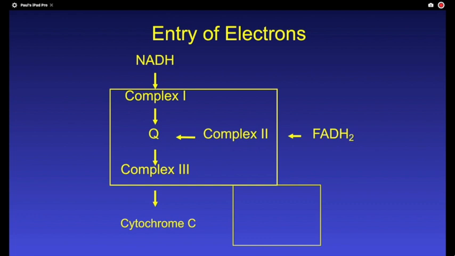Then the cytochrome C will float over to complex 4, which is inside a membrane, and molecular oxygen will be bound. The electrons will be accepted by the oxygen, and we will produce water. Through all this, a proton gradient is created. So that is the overview.